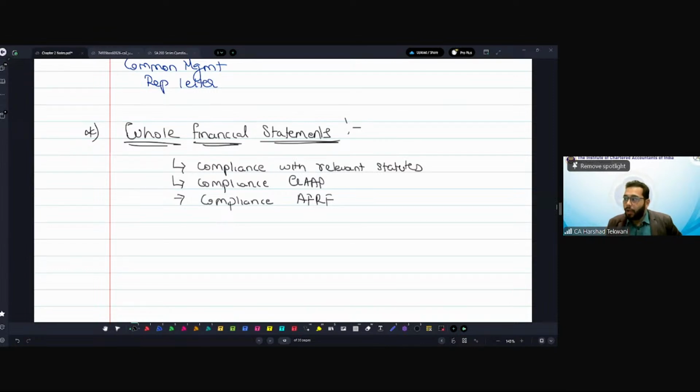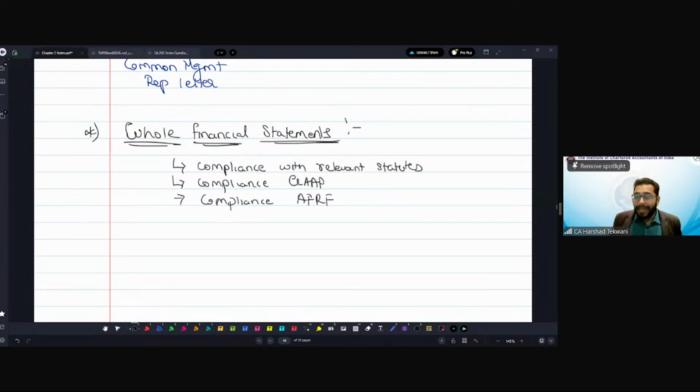Yes, very good. So when I talk about the applicable financial reporting framework, I'm not only talking about the Indian accounting standards presentation or disclosure part, but I'm also talking about Schedule 3. That is my reporting framework that is applicable to me under the Companies Act. So for a private limited company, it will be Division 1, Division 2 of Schedule 3, or any other reporting requirement in the Companies Act.